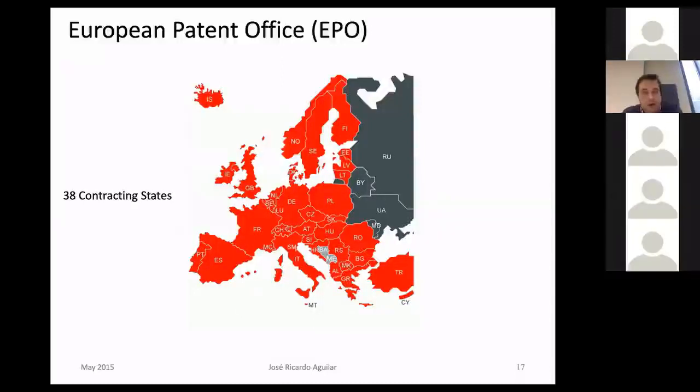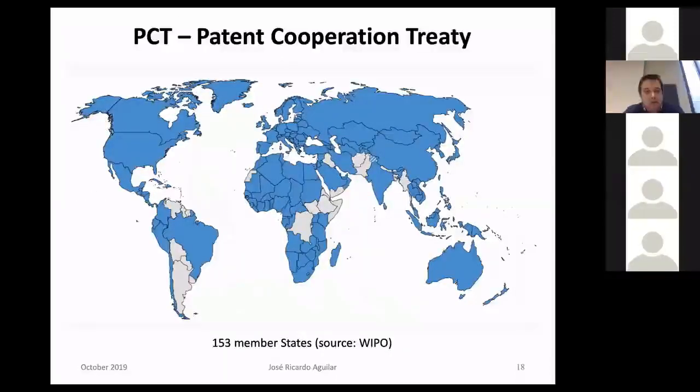So it's a very effective way of protecting inventions. And we have the other way of global protection, which is the Patent Cooperation Treaty. So this is a treaty from 1970. Nowadays ratified by 153 member states that allow you to extend the protection to this very wide range of countries.